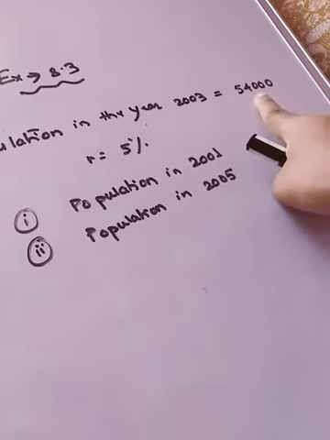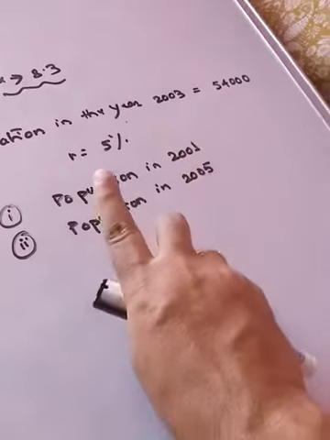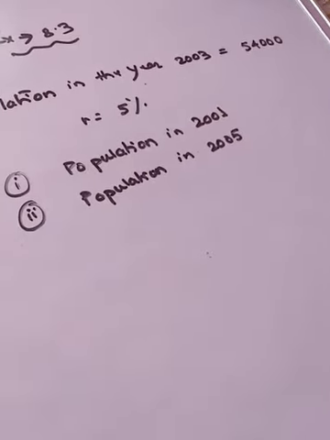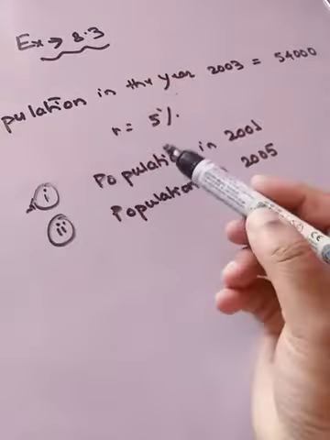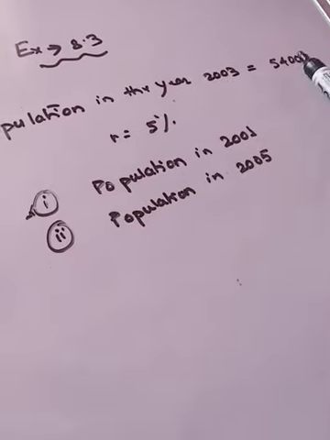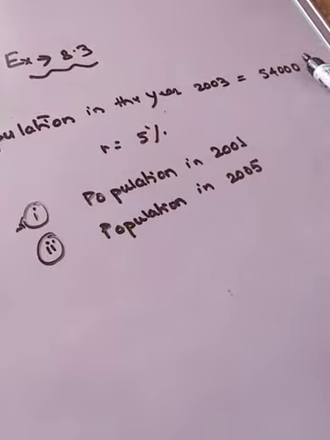So this is a very important note: if 2003 details are given and 2001 details are asked, 2003 will be considered as the amount.